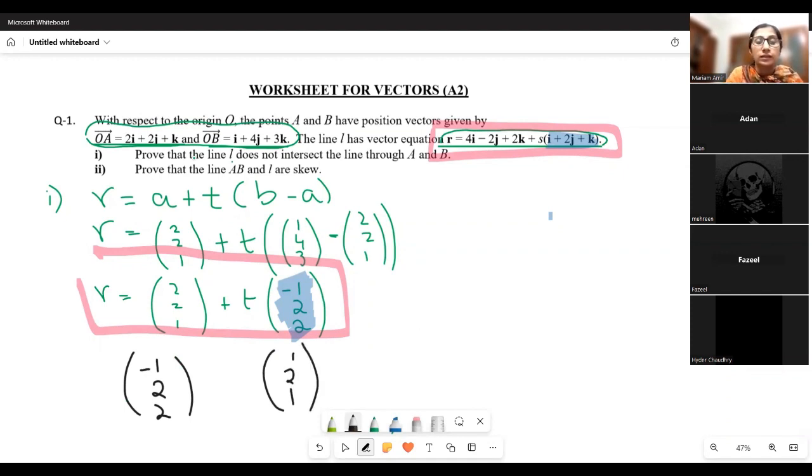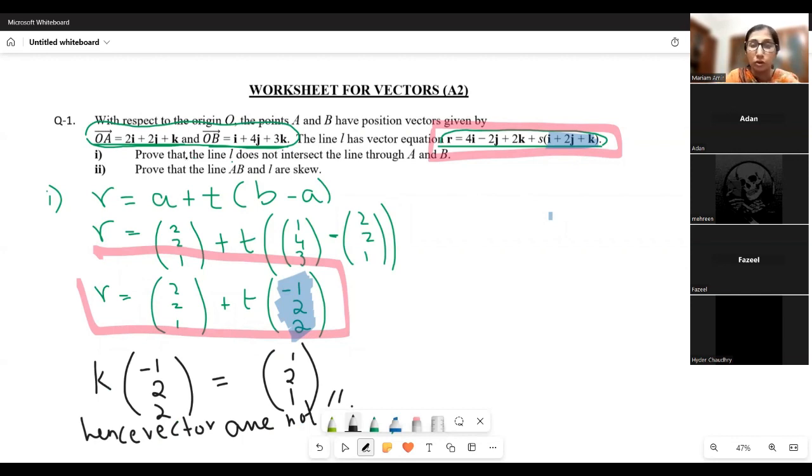Now, since these are not scalar multiples of each other, k times (-1, 2, 2) is not equal to (1, 2, 1). Hence, the vectors are not parallel. If they were parallel, we would have finished the question here, since parallel lines do not intersect.